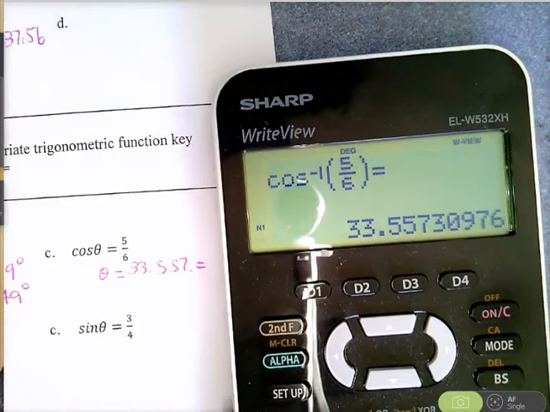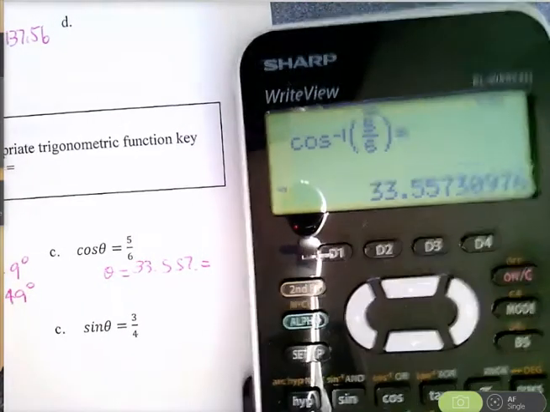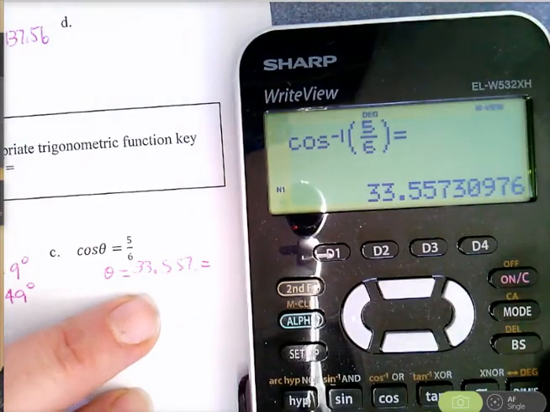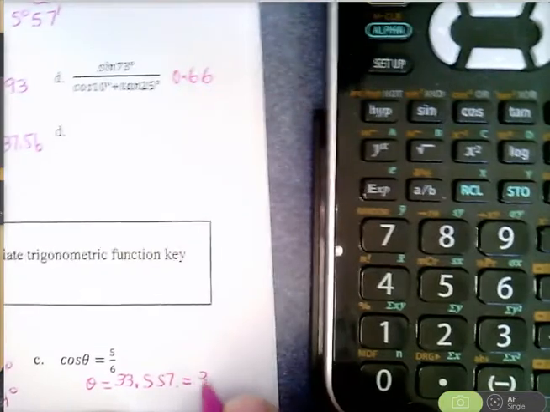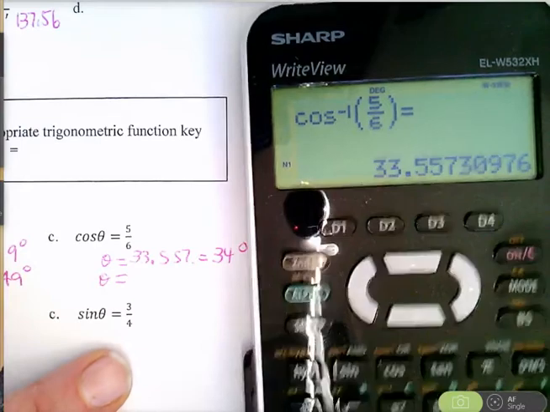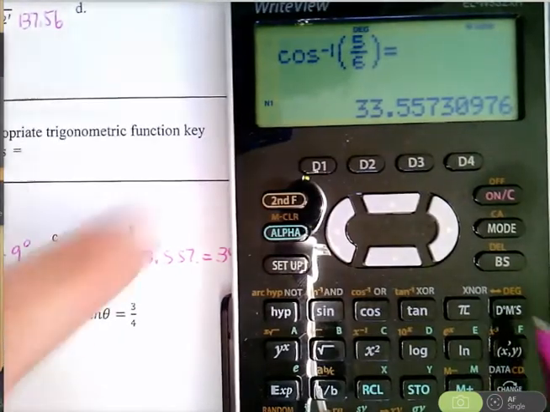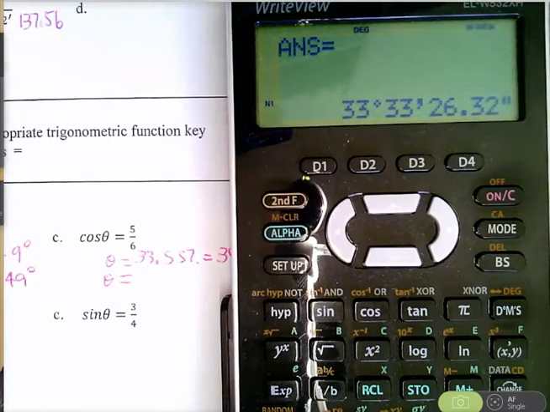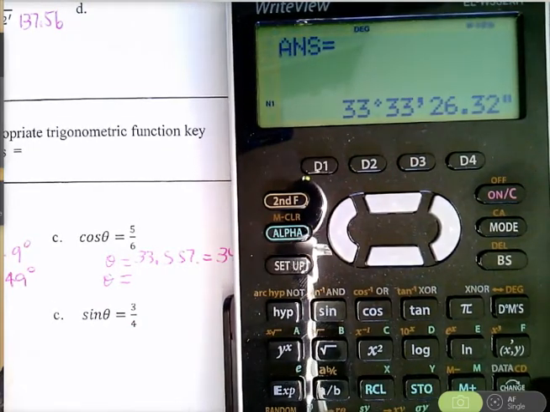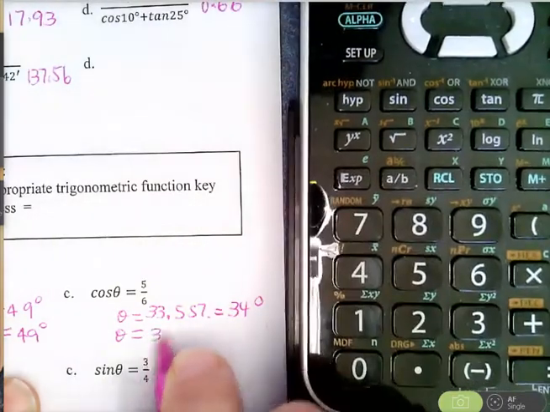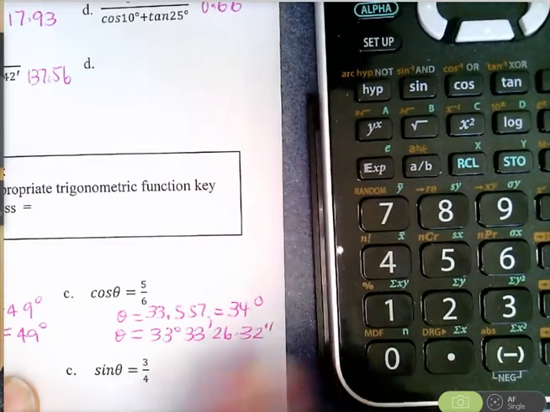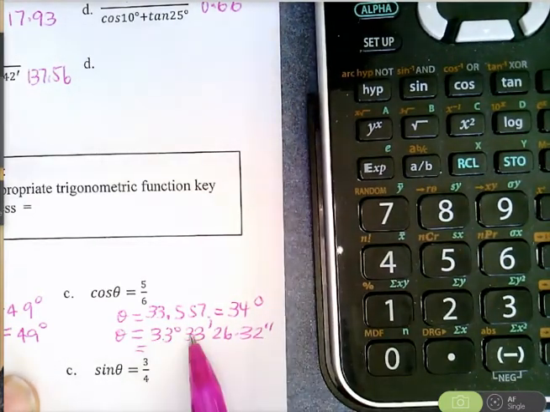So I get 33.557. Rounding that decimal to the nearest whole number would be 34, so that's closest to 34 degrees. But if you want to change it, that number is still there. If I press second function degrees, minutes, seconds, I get 33 degrees, 33 minutes, 26.32 seconds.